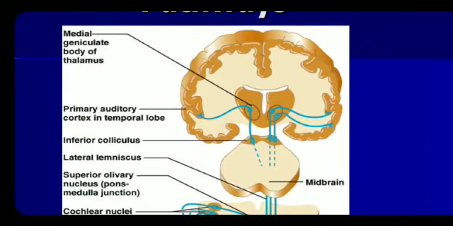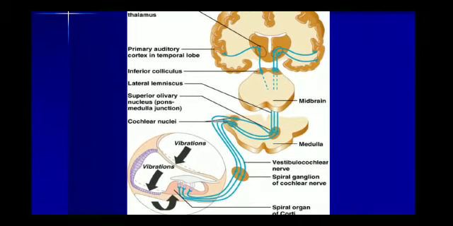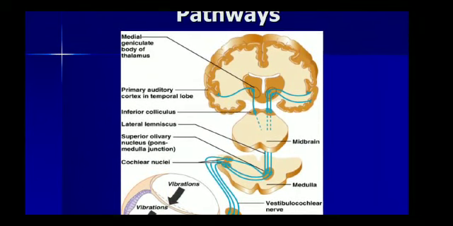So you should know these 5 relay stations. One is the spiral ganglion, and then the superior olivary nucleus and lateral lemniscus, that is the second relay station. And then you should know the inferior colliculus, and then the medial geniculate body and the auditory cortex.